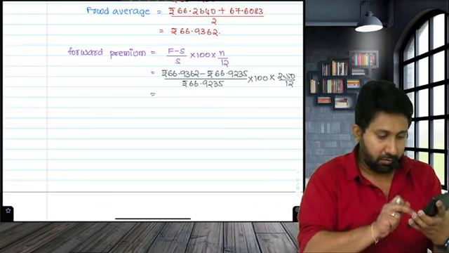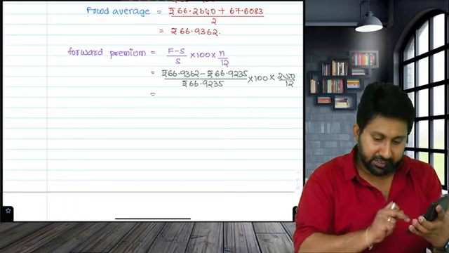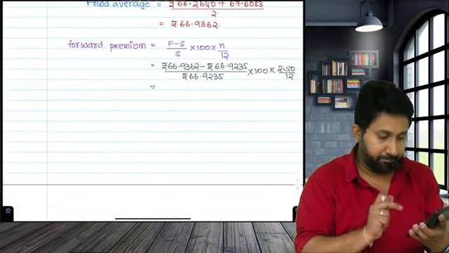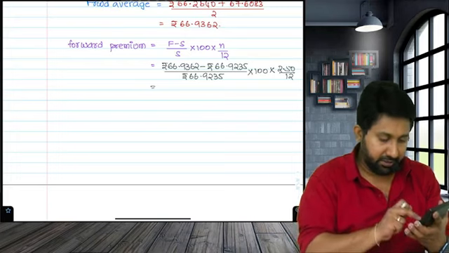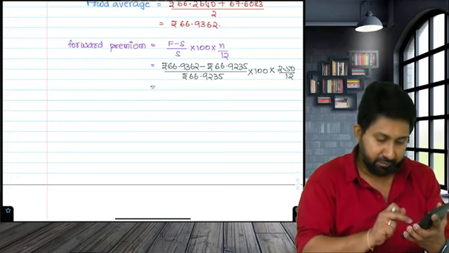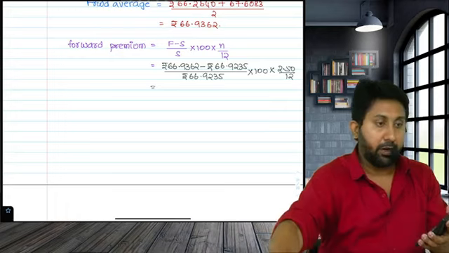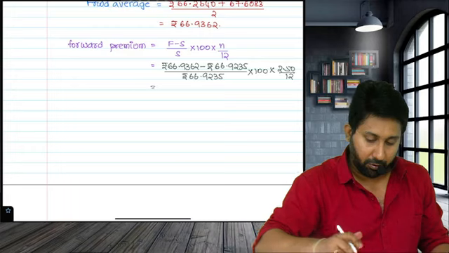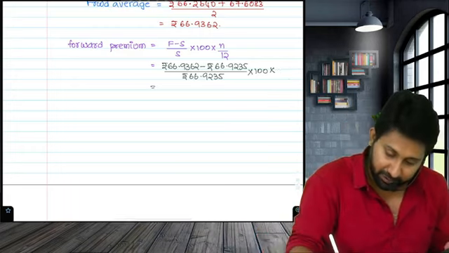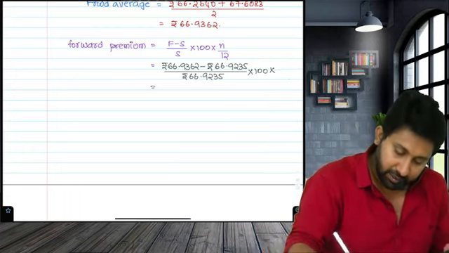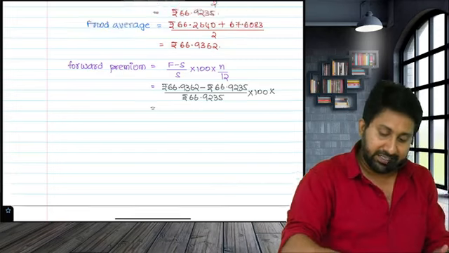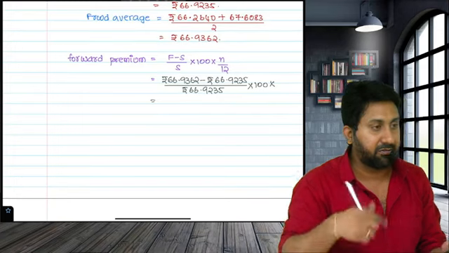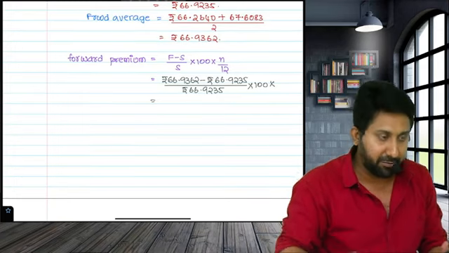66.9362 minus 66.9235 divided by 66.9235 into 100 into 12 by 2.5. Here 66.9362 and 66.9235 are already obtained on the basis of 2.5 months calculation.